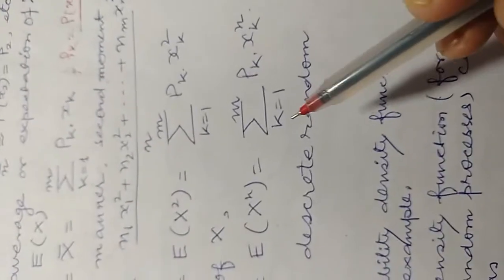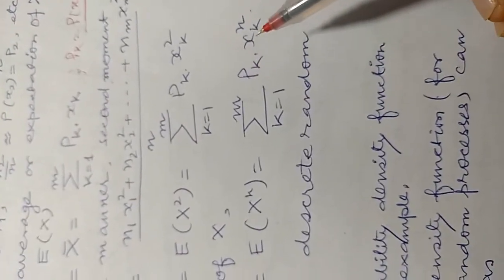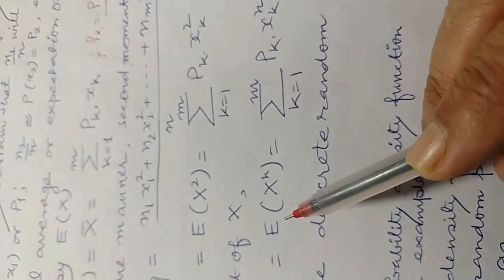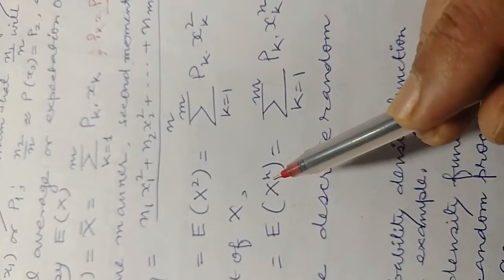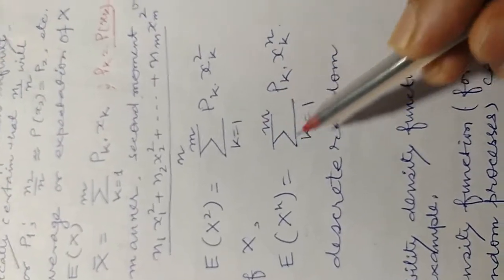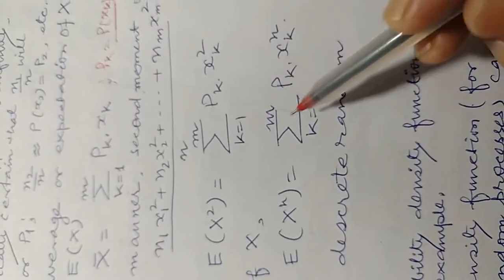So here we can write the expectation E of x to the power n is equal to the sum over k equal to 1 to m of pk xk to the power n.